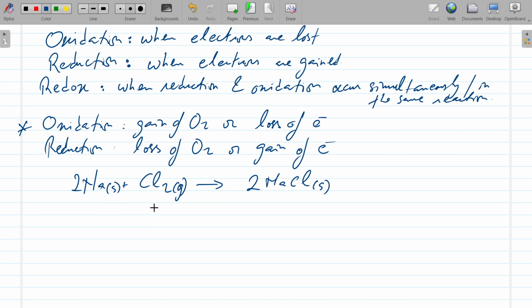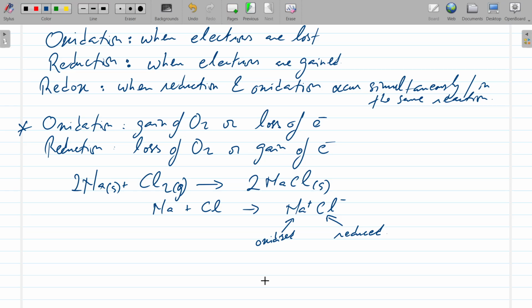We know that Na plus Cl goes to Na plus and Cl minus. So the sodium has lost an electron and the chlorine has gained an electron, and so in those terms, sodium was oxidized and the chlorine was reduced.